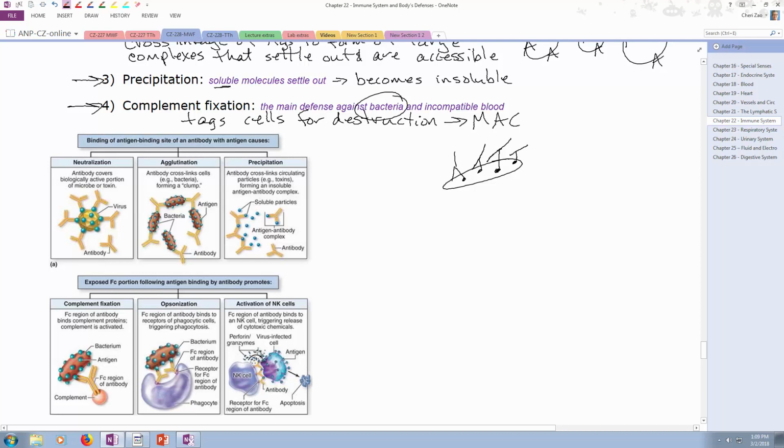And that is important because we have a whole bunch of antibodies attached to the surface of the bacterium that now make it easier for MAC to recognize it, and then the complement proteins that make up MAC can attach to the surface of our bacterium and cause polymerization in a big hole.